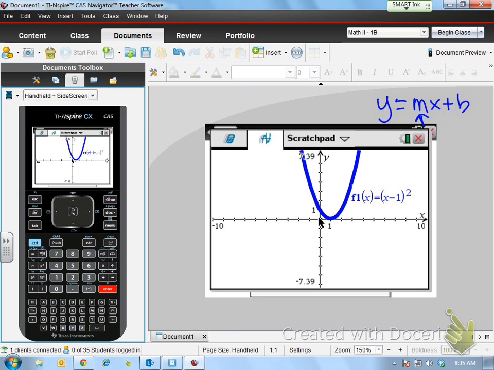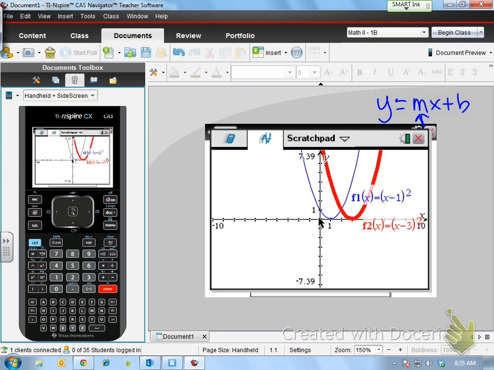Our parent function always starts in the center, that slid to the right. How could I get it even further right? What equation would I use? X minus 3, Vincent said. So parenthesis, x minus 3 and parentheses squared. We slid it even further right.